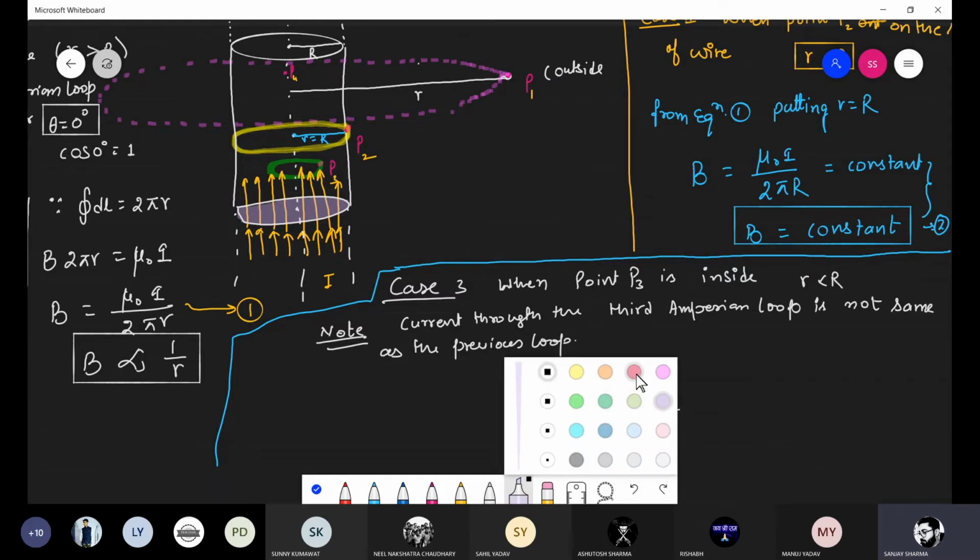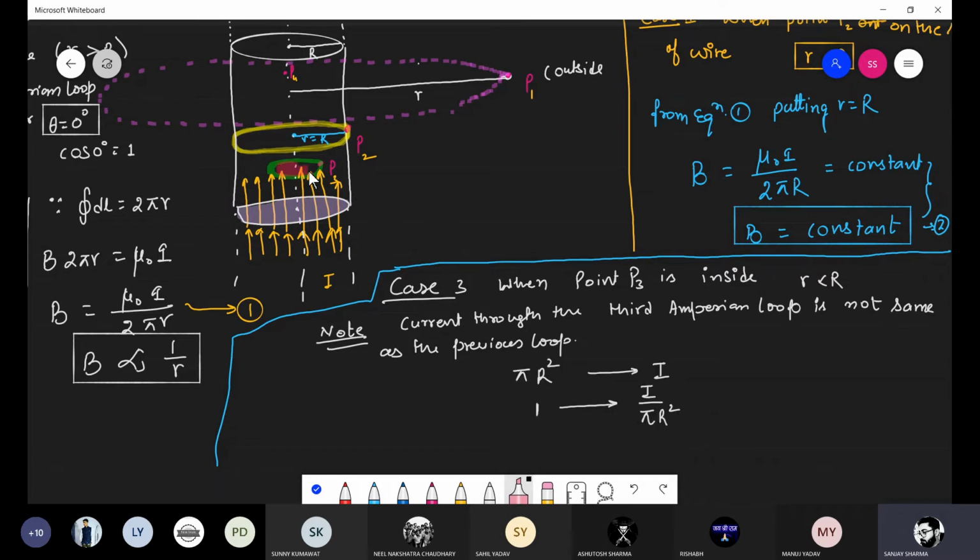Now we want to calculate the current through the given loop. This one is the loop. इस लूप से हम लोग करंट को डिटरमाइन करना चाहते हैं और इसका रेडियस जो है वो हम लोगों ने पहले ही कंसीडर किया हुआ है, दैट इज स्मॉल आर. सो द current through pi small r square area is equal to I upon pi capital R square multiplied by pi small r square. ठीक है, pi से pi cancel.